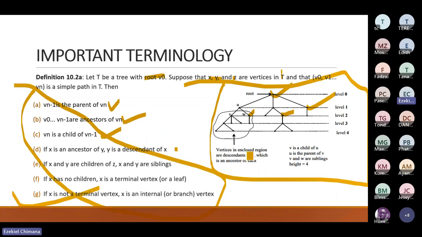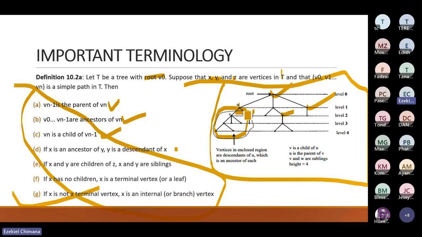The vertices in the enclosed region are descendants of U. All these ones are descendants of U, because they are coming from U. You cannot go to V without passing through U. Also, V is a child of U, and V is a left child.